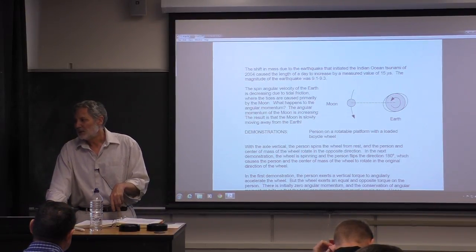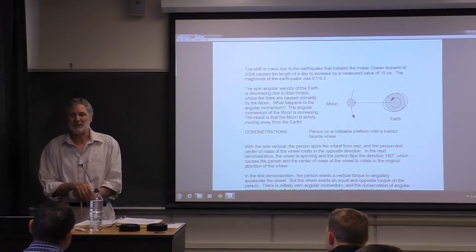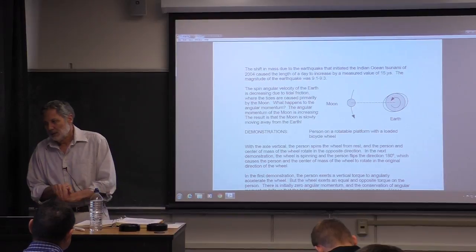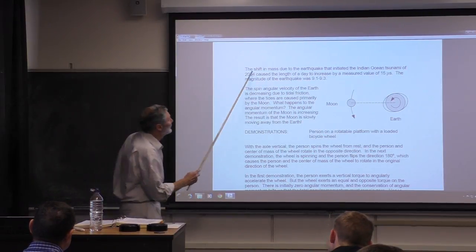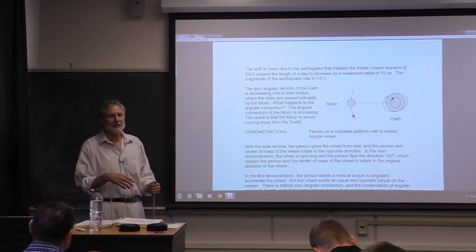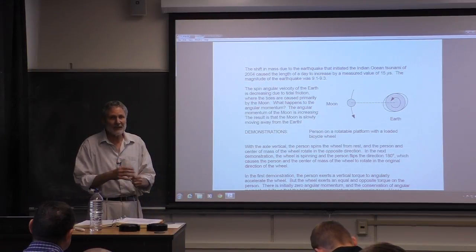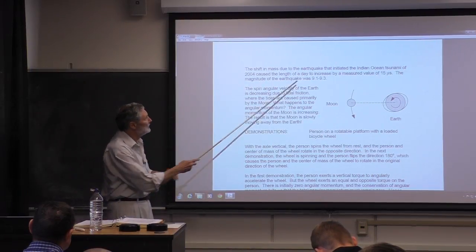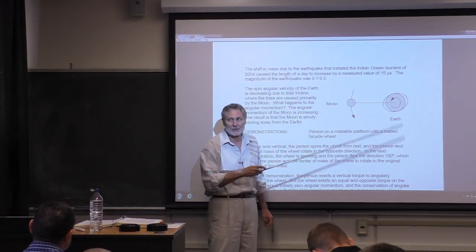What I did look up is the famous tsunami of 2004. Do you guys remember that? That was caused, of course, by an earthquake. This is incorrect. The earthquake caused a tidal wave. The tidal effect, the net effect here, was to increase the length of a day by 15 microseconds.